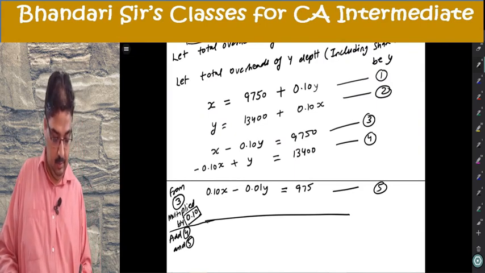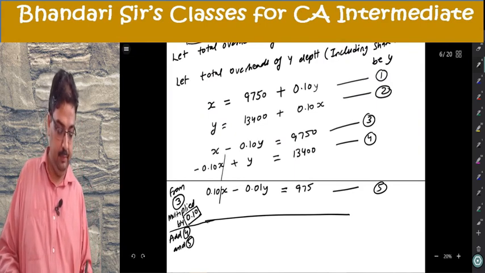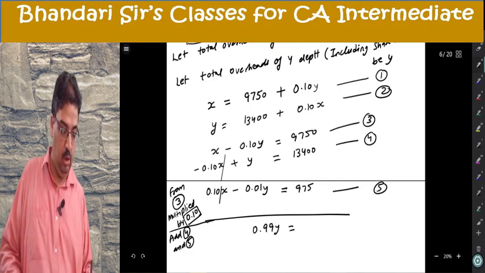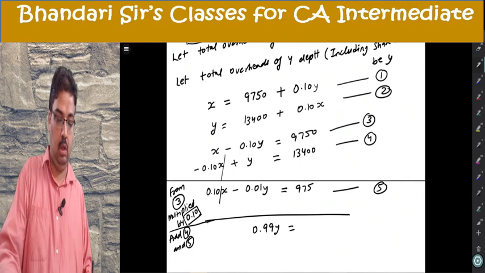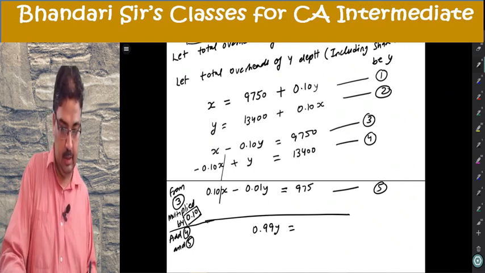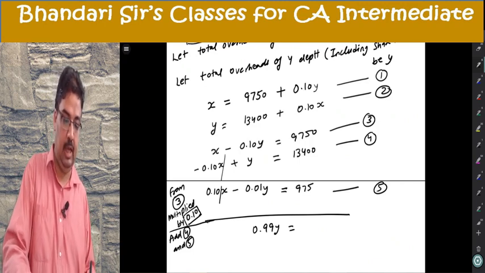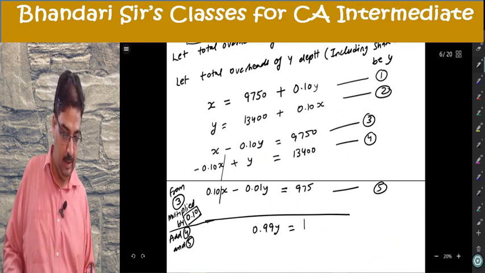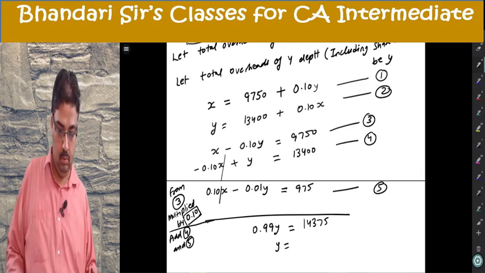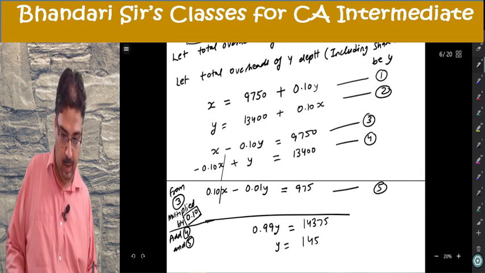What do I get? They go off. 0.99Y is equal to 13,400 plus 975. The signs don't change because I have added, not subtracted. Y is equal to 14520.20.